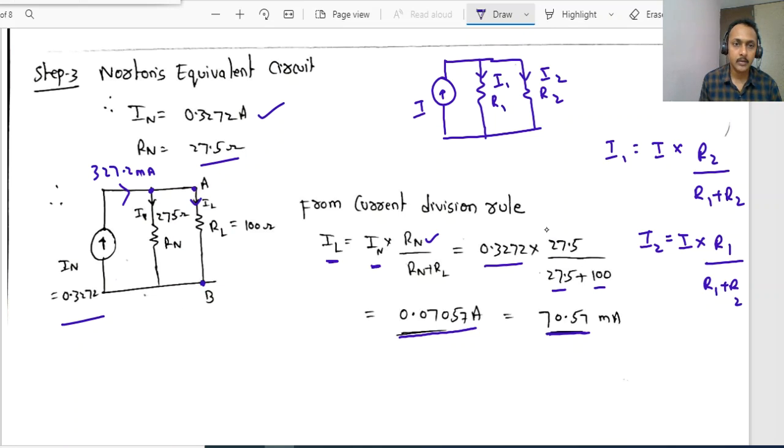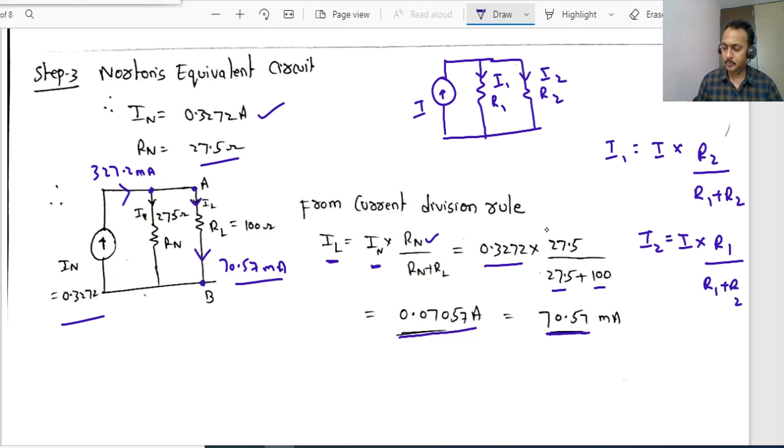Out of that, through RL, nearly 70.57 milliamps is flowing. Like that, we have to understand. If you want to calculate I1, this entering current minus this leaving current, we will get the value of I1, also the current through R Norton.